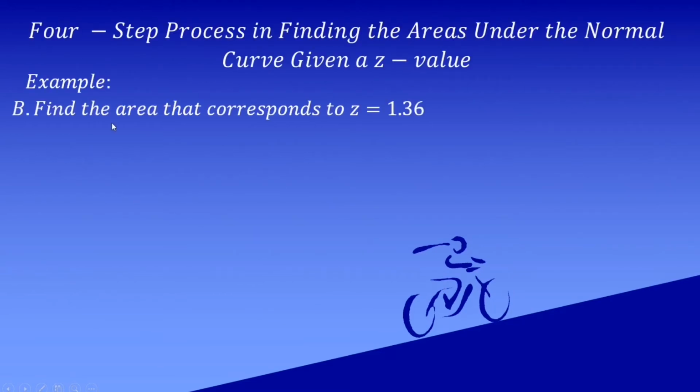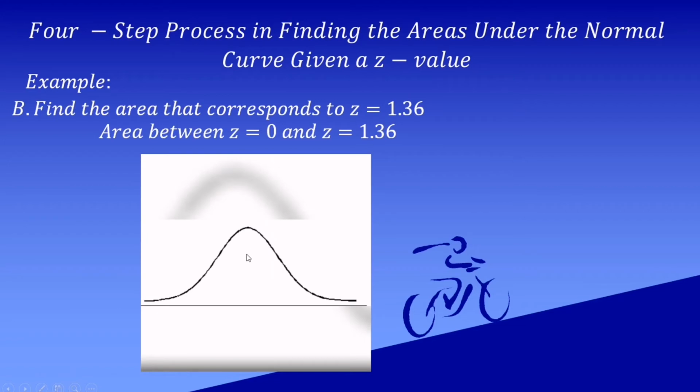Another example, find the area that corresponds to z equal to 1.36. Finding the area is the same as finding the area between z equal to 0 and z equal to 1.36. To illustrate in our normal curve, this is our mean and the z value which is 1.36. It approximately falls on this line.